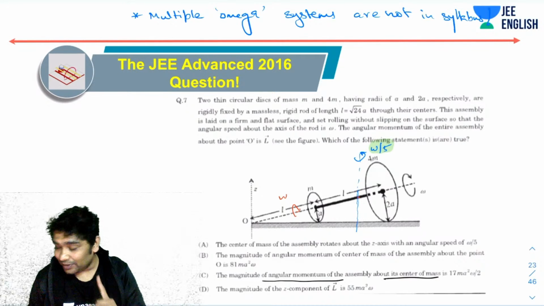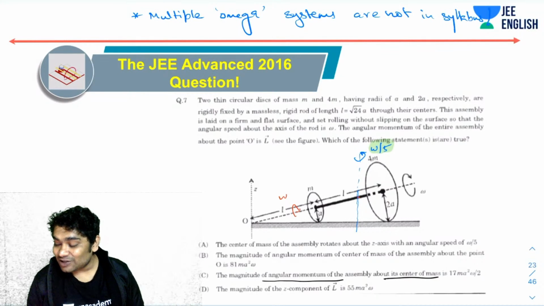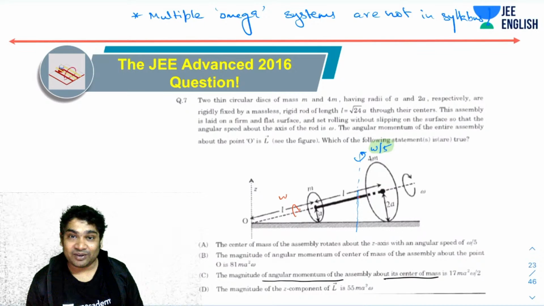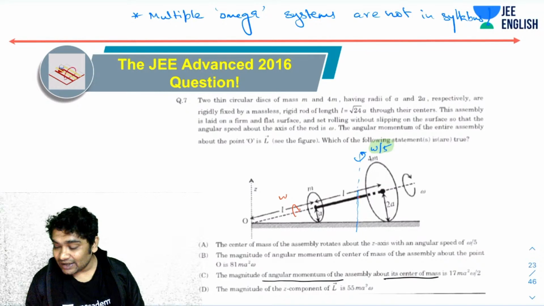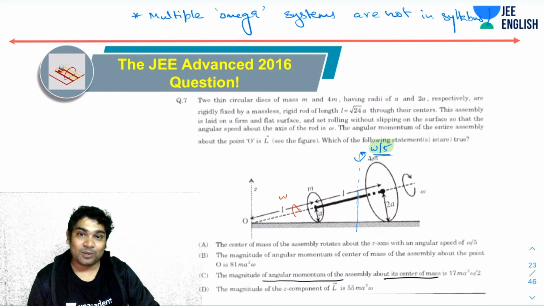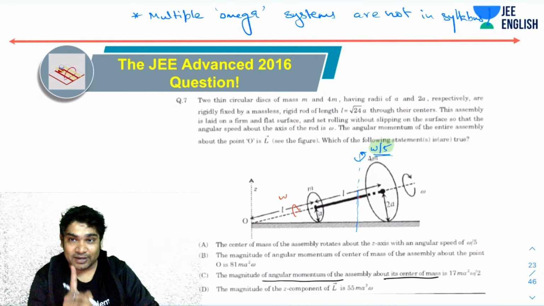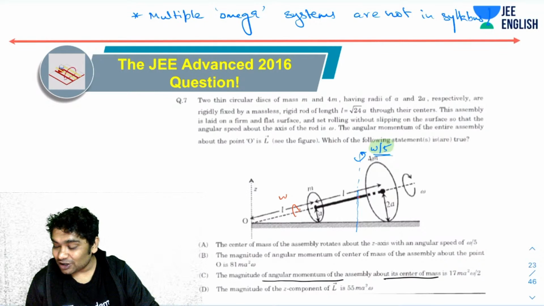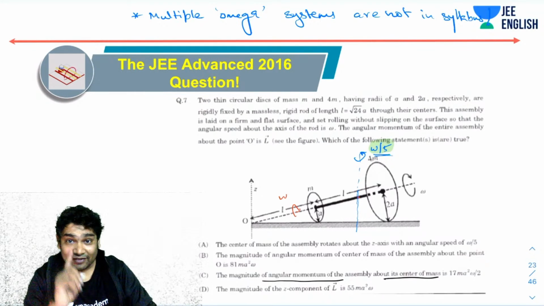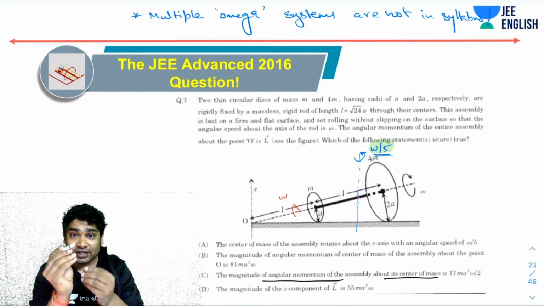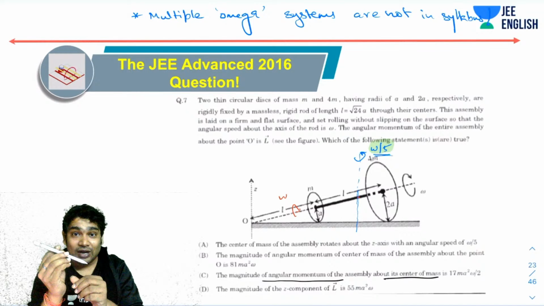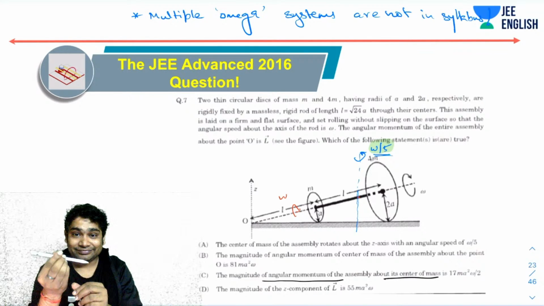This has two omegas. You realize the entire assembly has two omegas in the reference frame of the CM. I hope you realize this, that this has been ignored by a lot of people. Shorts guy, can you see this? In the TB solution, TB did not pay attention to this rotation. When you are in the reference frame of the CM, you will see this rotation also. So you have to add the angular momentum of this also.